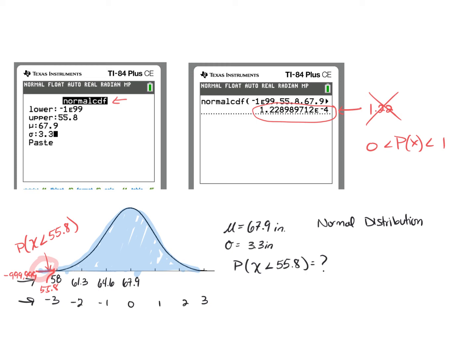When you take a look at your calculator and see that it has this e-4, that's your calculator's way of writing a number in scientific notation. If you remember scientific notation, this number means 1.229, times 10 to the -4.